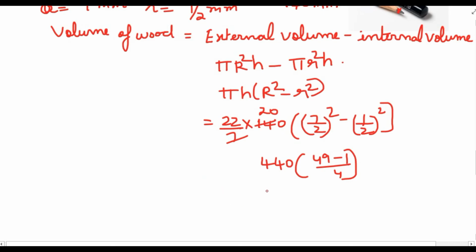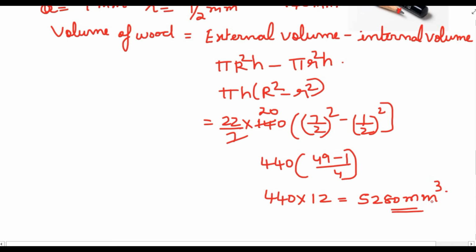So 440 into 48 divided by 4, where 48 divided by 4 is 12, which is equal to 5280 millimeter cube. So this is the volume of the wood used.